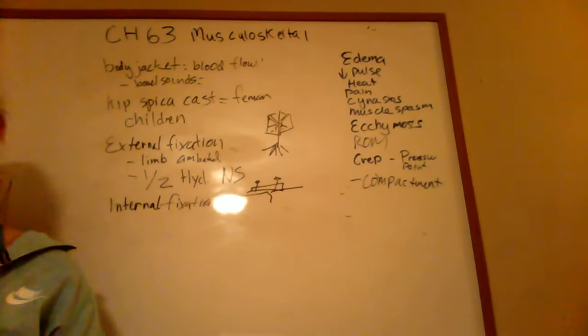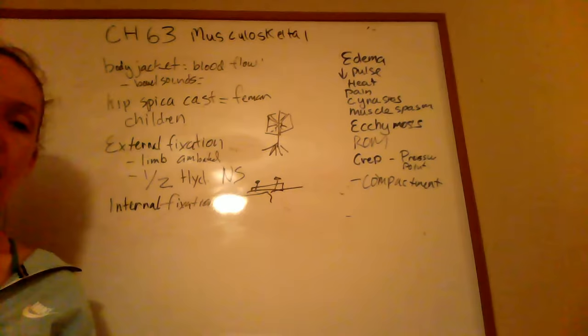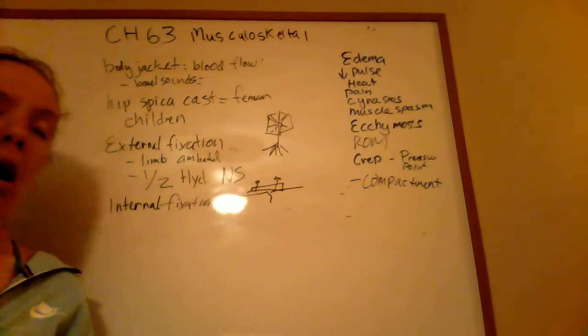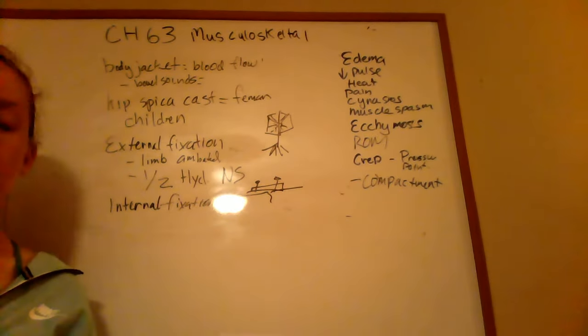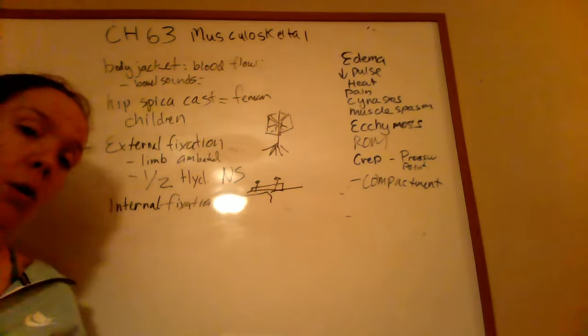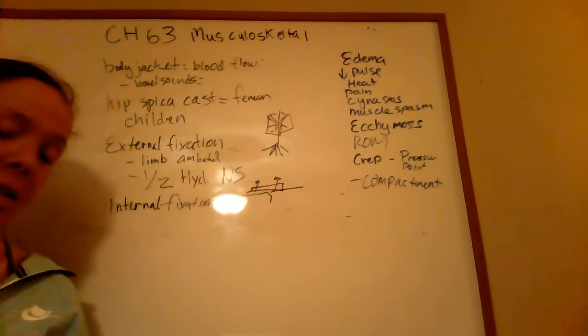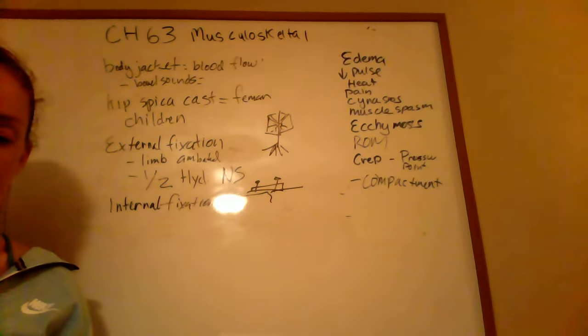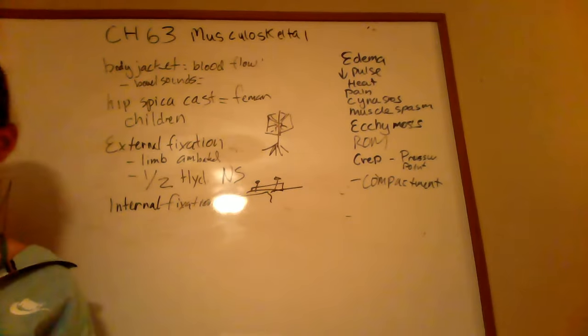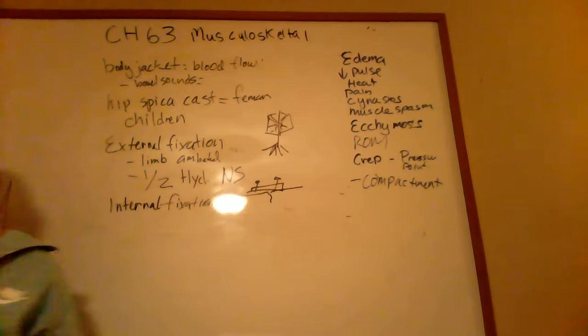Drug therapy for this is going to be reduction of muscle spasm, other than your obvious inflammation, pain, things of that nature. And again, if it's open, you need antibiotics. You're going to need tetanus because you're at risk of getting tetanus with that. But you also want to decrease muscle spasms.